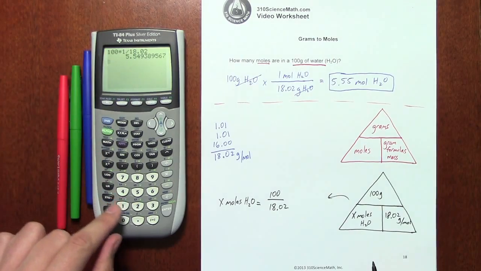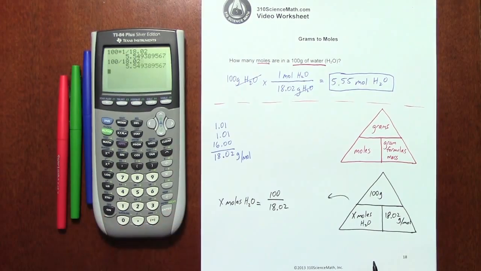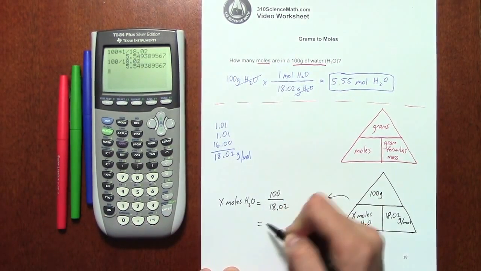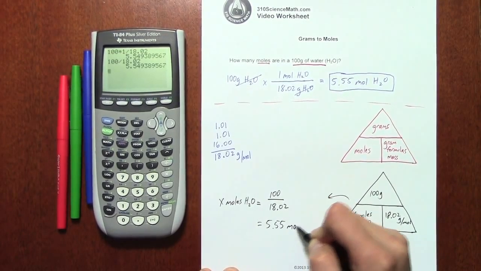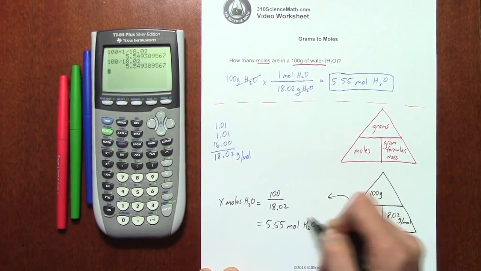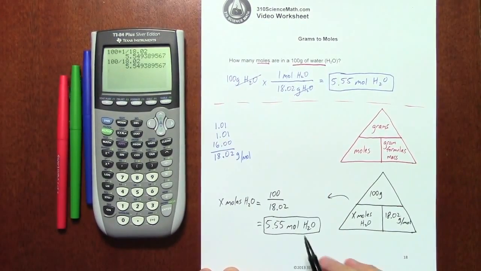Okay, but just to prove it to you, we'll take 100 divided by 18.02, and voila, you get the exact same answer. So 5.55 moles of water, and that is our final answer. Okay, so you may notice that I use the abbreviation for the mole, which is MOL. Either way is fine. If you wanted to write moles of water, that is also acceptable.